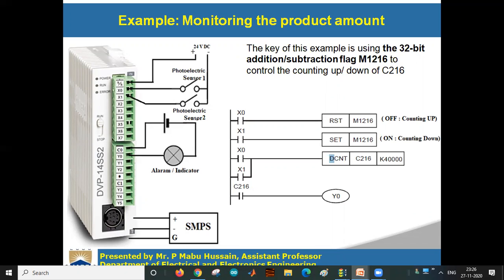When M1216 is on, this counter C216 will count down. If M1216 is off, then C216 will count up. So whenever M1216 is off, it will count up, and whenever M1216 is on, it will count down.